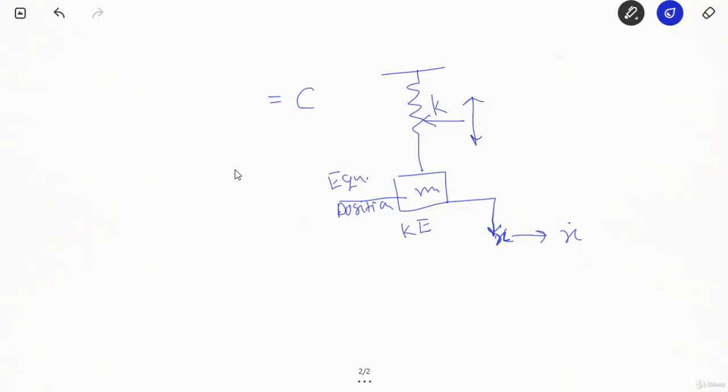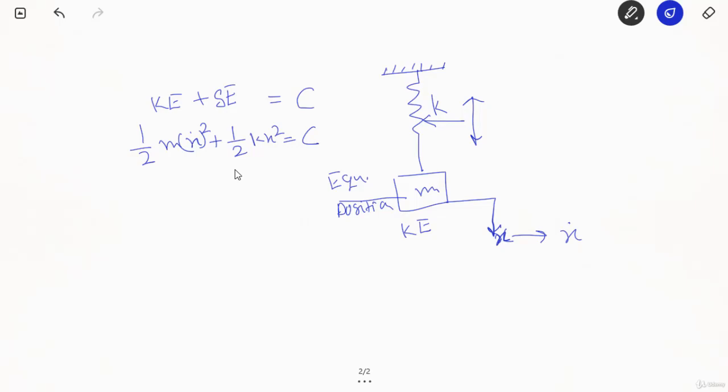So in the current scenario, there are only two energies in the system, namely kinetic energy plus the spring potential energy, or spring energy, we can say. The expression of kinetic energy is half m v, which is x dot here, squared, plus SE, which is spring energy, half k x square, is equal to constant. So this is our energy conservation equation.